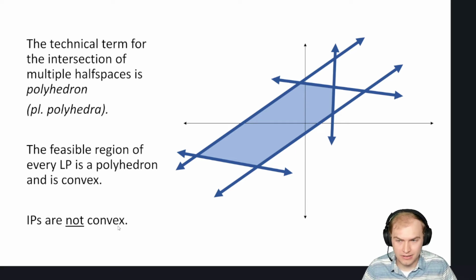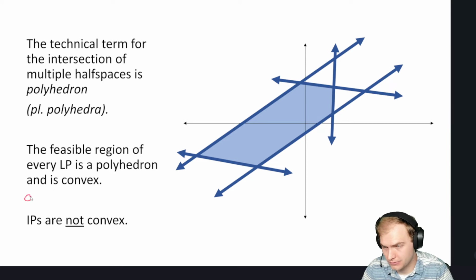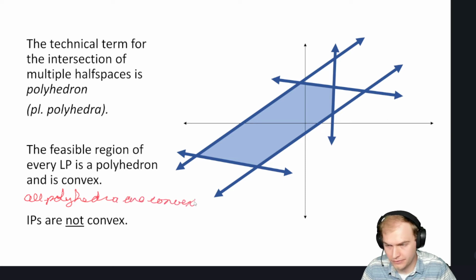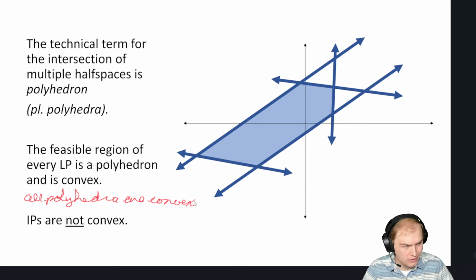And all polyhedra are convex. Now, integer programs are not convex. Why is that? Their feasible regions are not convex.